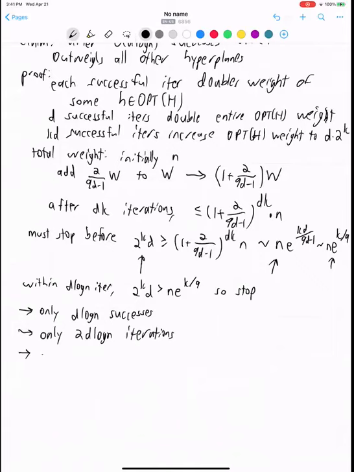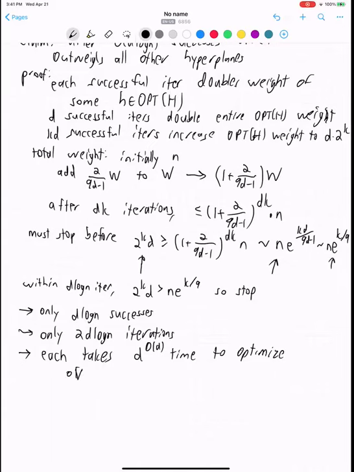And each one takes d to the order of d time to optimize over d hyperplanes.